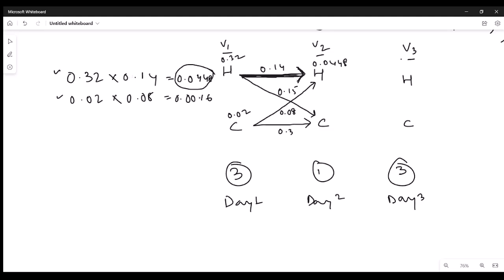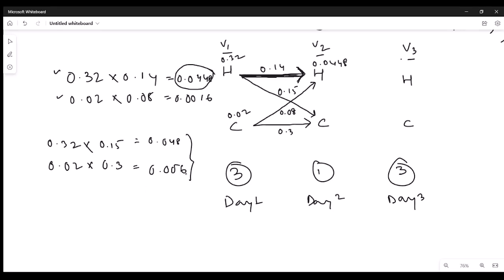Now for a similar case, we also need to identify the path for cold. Here also we will calculate 0.32 into 0.15 and 0.02 into 0.3, and thus the values are calculated as 0.048 and here it is 0.006.